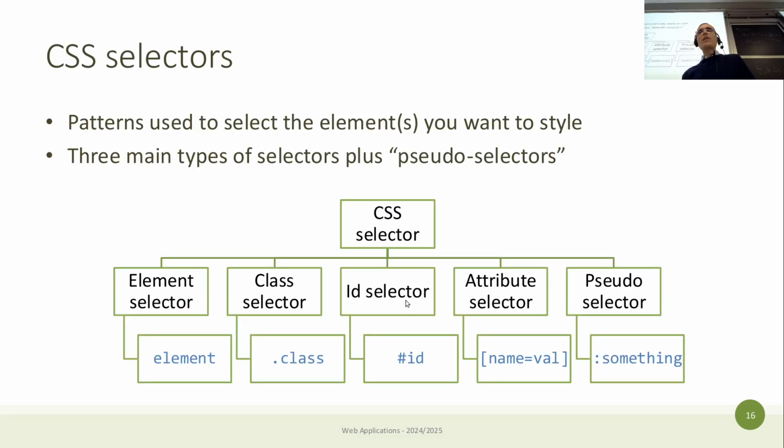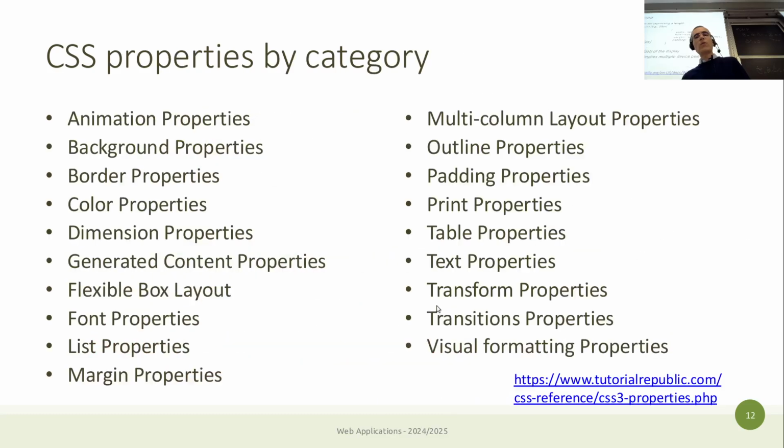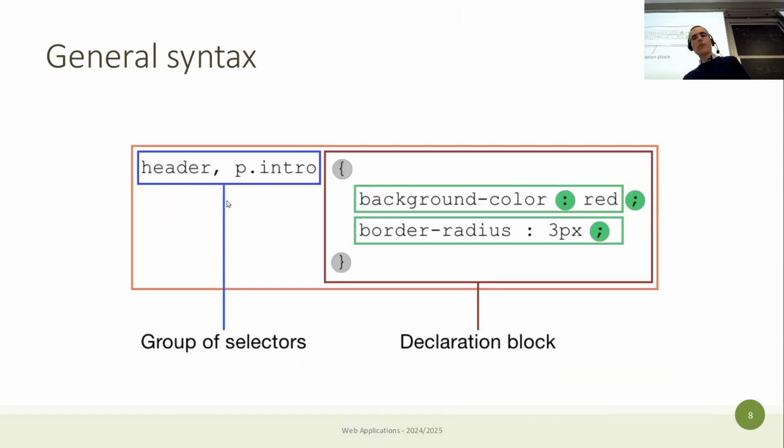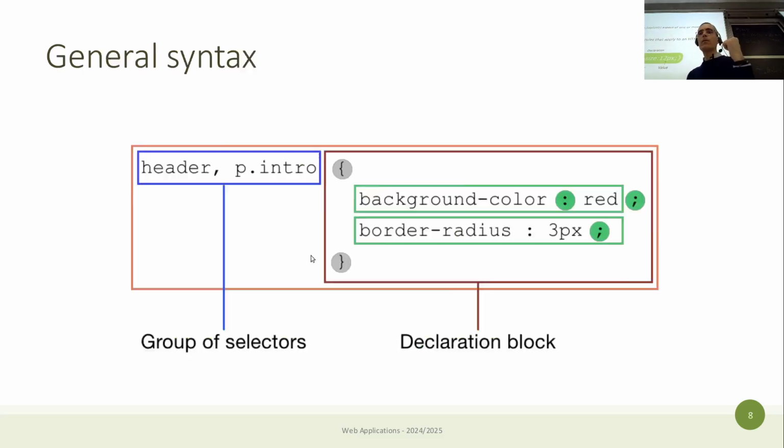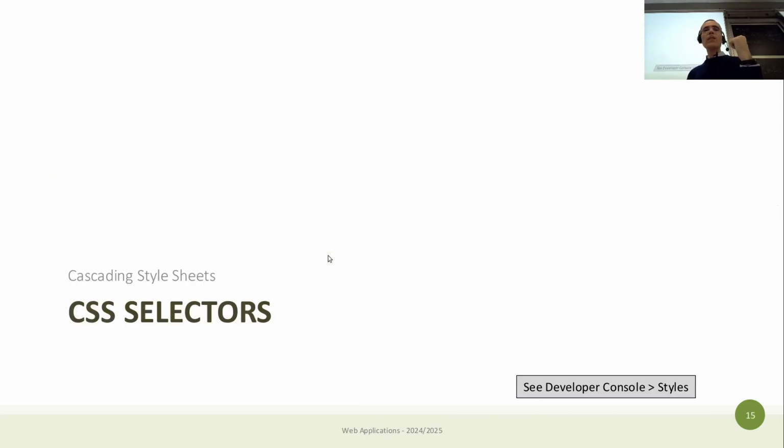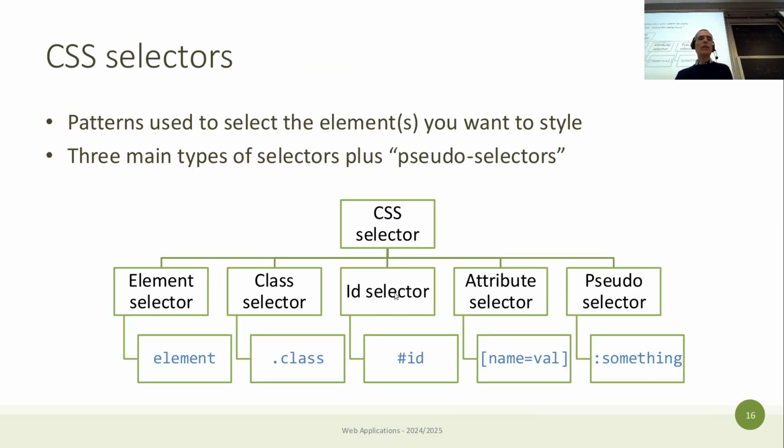A few words about the selectors. You remember the first part of the rule, right? This part, the selector. We saw very simple selectors, H1, P, and so on. But selectors can be quite different.